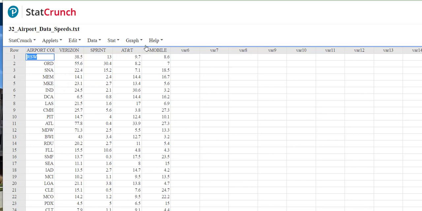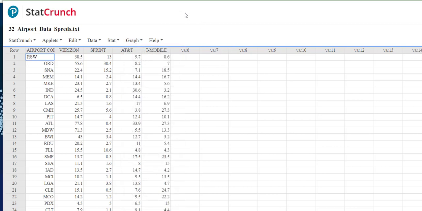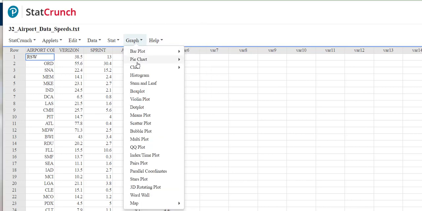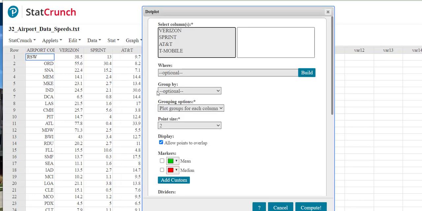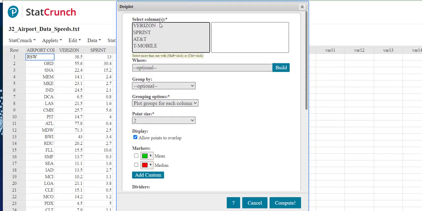And so we're going to look at, what did I say? The dot plot for Verizon. So you're going to go to graph and then select the dot plot. If you go there, dot plot, it opens up this new window, and you want to make sure that you select Verizon, select the column that you want to work with.